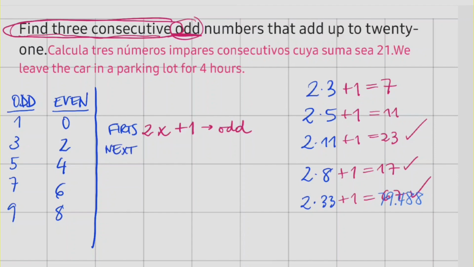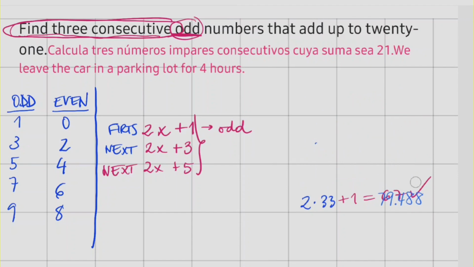Well, the next odd number would be 2x plus, right, so we need to add 2 more units. So we get 3. That would be the next odd number. How about the next one? Well, the next number would be 2x plus 2 units more than before. So we can write 5. So these are our 3 odd numbers, right?